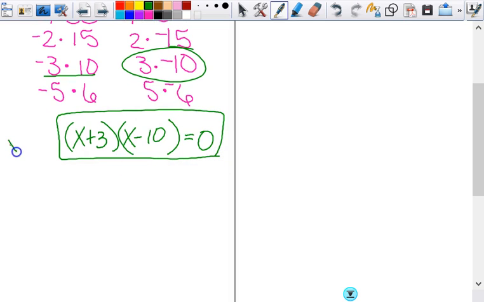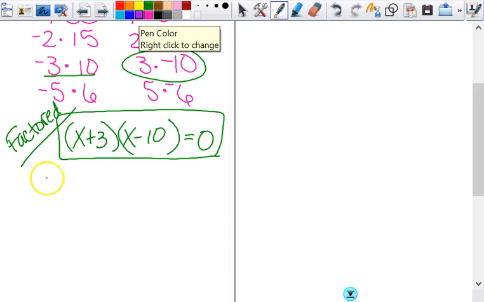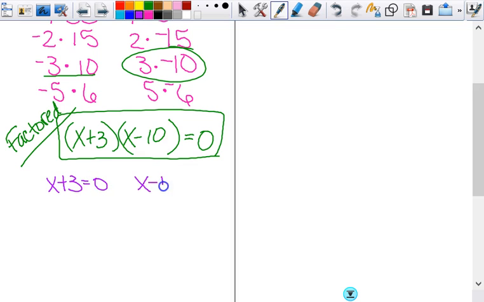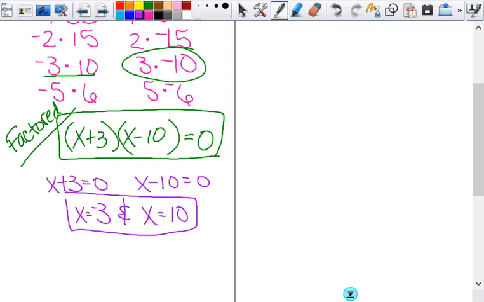Okay, I need to see that you have it factored and actually see it factored completely. Once you have it factored, then you take the two factors, get x plus 3 equals 0, x minus 10 equals 0. So x equals -3 and x equals 10. Right? Those are my two solutions here.